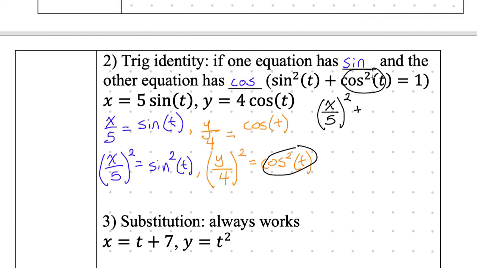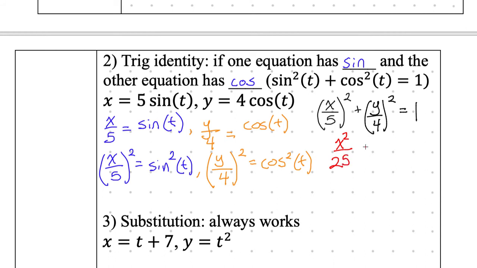This is cosine squared, which means I'm really plugging in y over 4 squared. So this is going to be y over 4 quantity squared, and that's equal to 1. I've plugged into the Pythagorean identity. And it's pretty clear what's going on here. I can just reduce it one more step. This is x squared over 25 plus y squared over 16 is equal to 1.